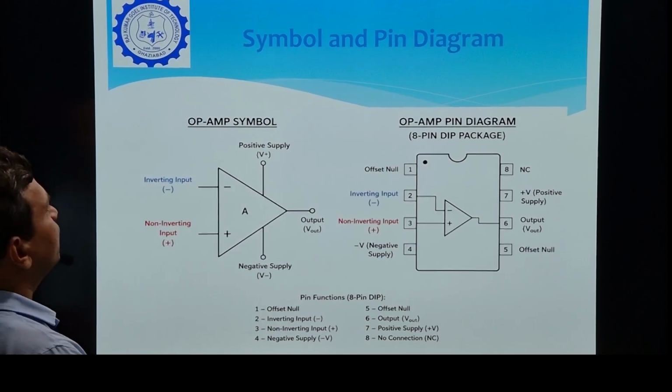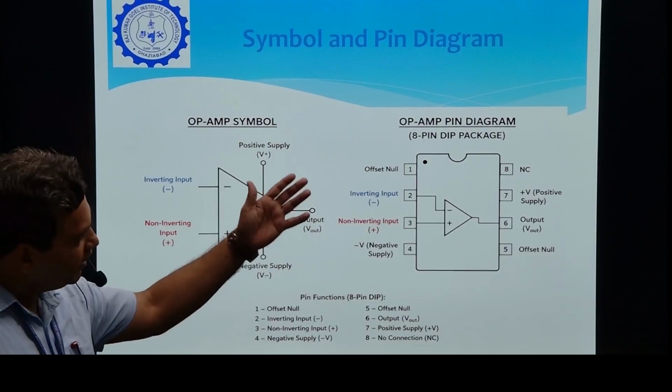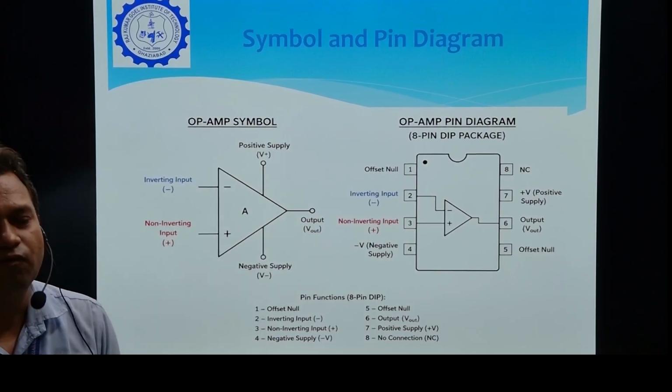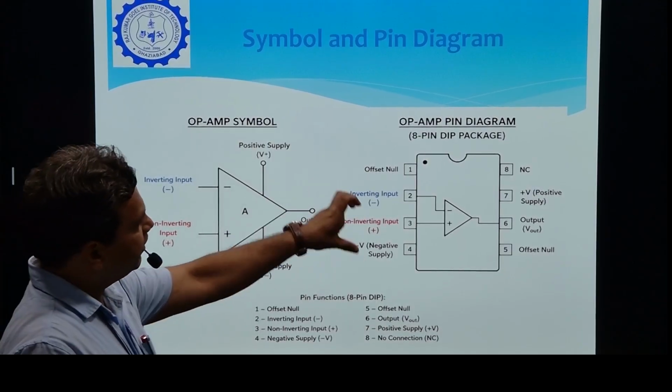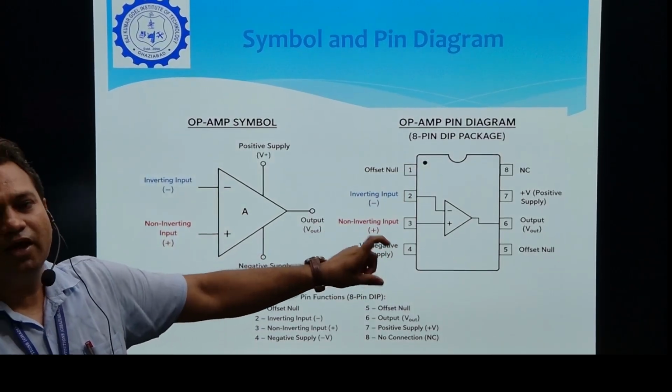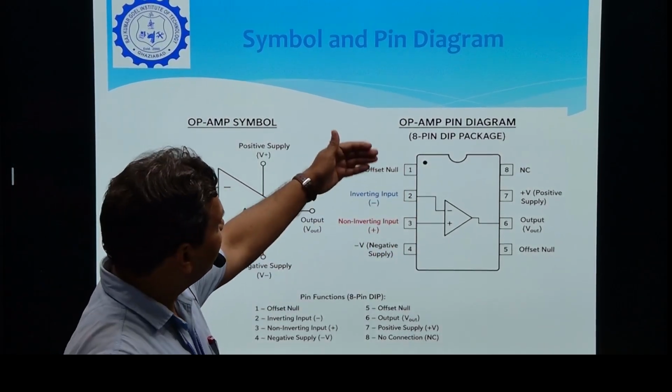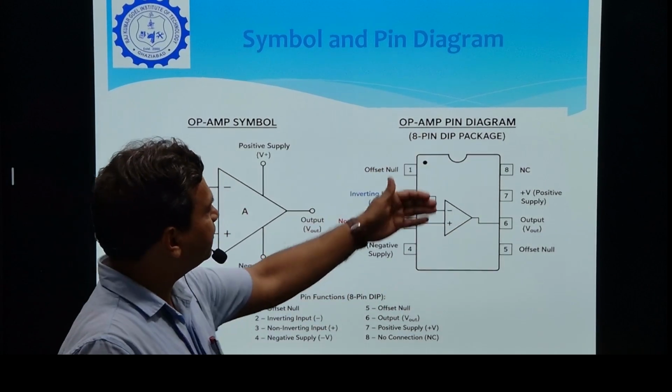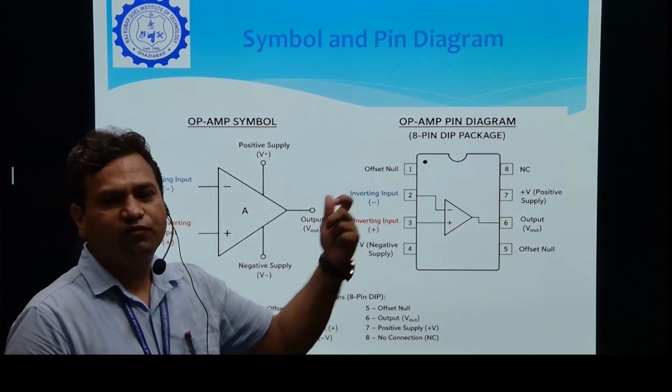Now come to the symbol and the pin diagram of the operational amplifier 741. This is the pin diagram of the 741, which is available in an 8-pin dual inline package, with pin numbers 1 to 8. Pin number 1 is known as the offset null pin.